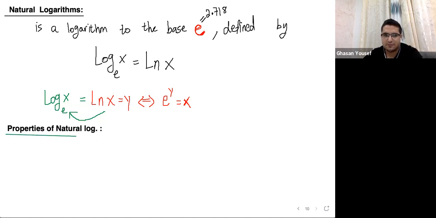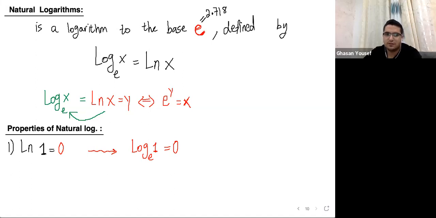The first property: what is ln of one? ln of one is the same as log of one to the base e. And like I said before, log of 1 to any base is always 0. So the answer is 0.